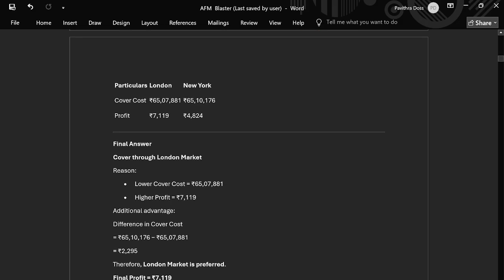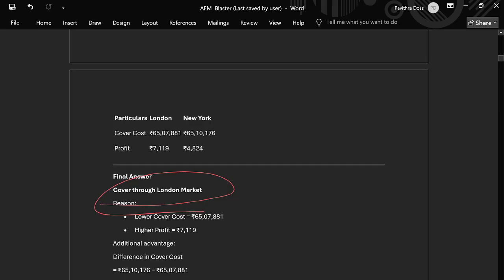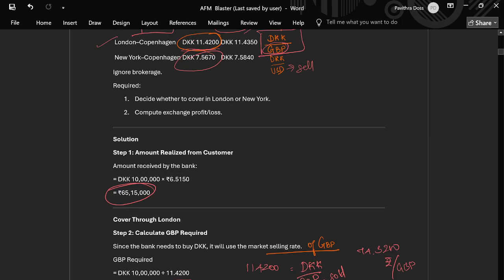So that is the answer. We are going to cover it through the London route. And in the London route, if we cover, what is the profit we have? This is what we are paying and how much we are already receiving.